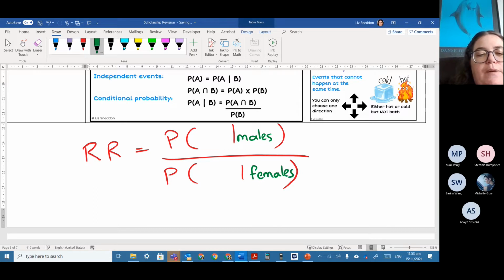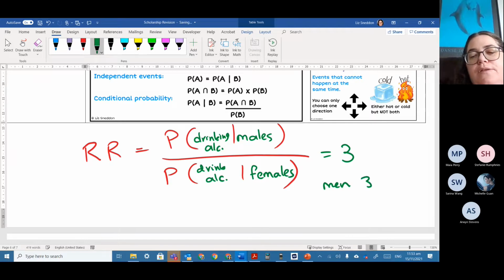And I might want to compare what's the chance of drinking alcohol if you're a male versus drinking alcohol if you are a female. And I would expect that there's more males that drink, so that risk might be, say, 3. And that means that men are 3 times more likely to drink alcohol than females.